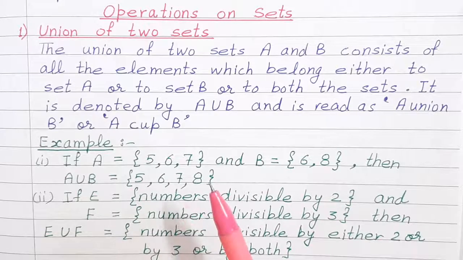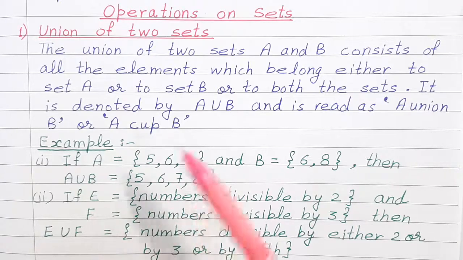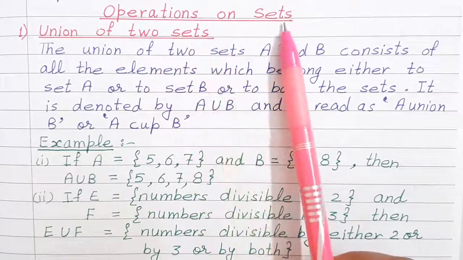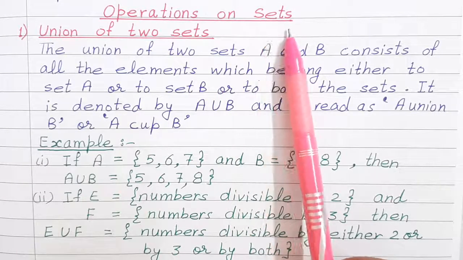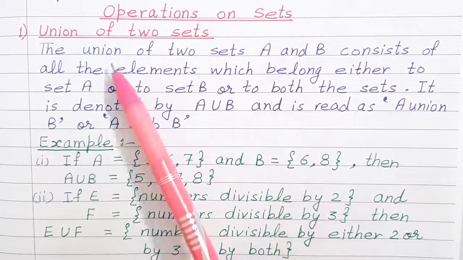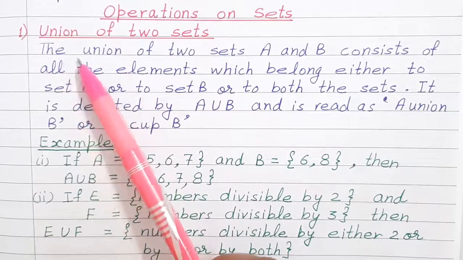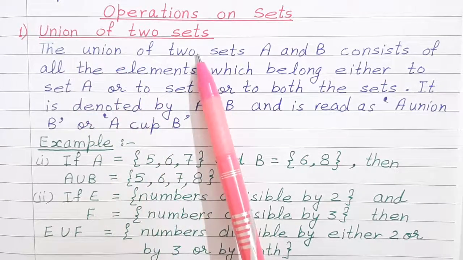Children, in the previous assignment, we have discussed different types of sets. Today we will discuss operations on sets. First of all, let us see the meaning of the union of two sets.